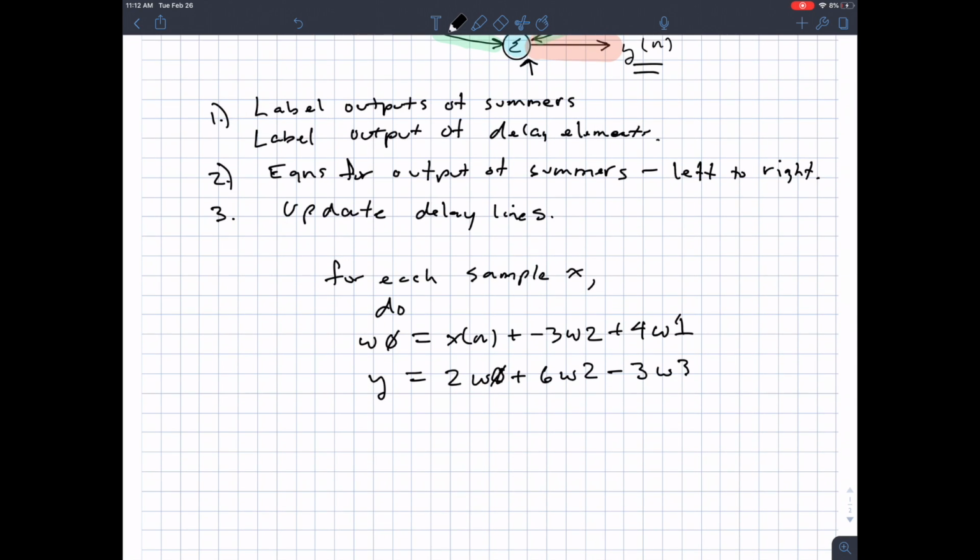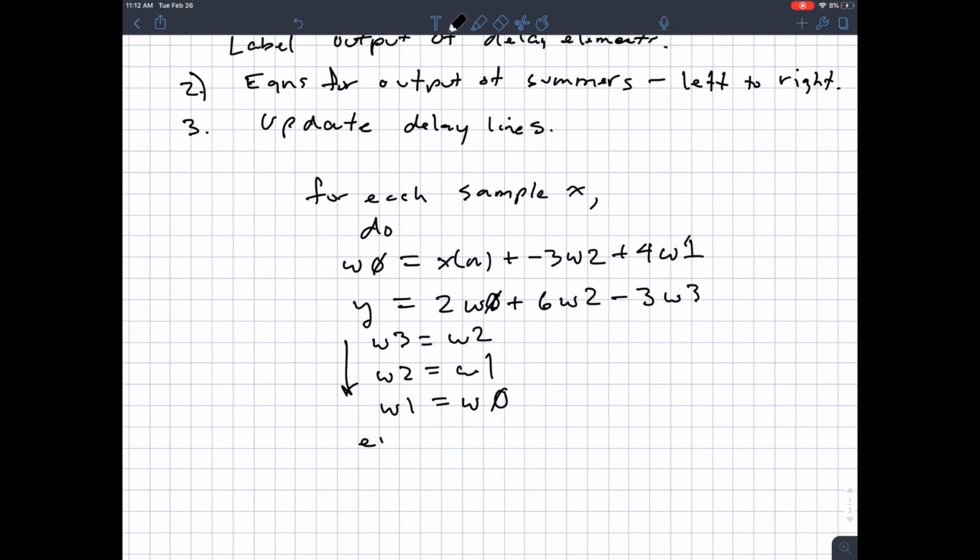So I would need to do this in sequential order. W3 is equal to W2. W2 is then W1, and W1 would be W0. I have to do this in reverse order, or else I'll write over one of those variable names. And then that's the end of the do loop for that particular sample of x.